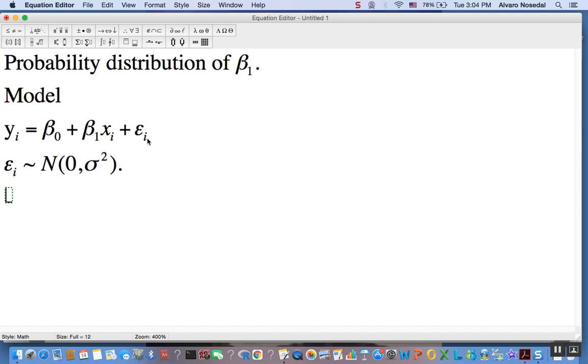And also, as we mentioned in another video, sigma square is the same regardless of the value of the predictor variable xi. So these assumptions imply that yi is normally distributed with mean beta 0 plus beta 1 xi and variance sigma square. Okay, so let me write that down.